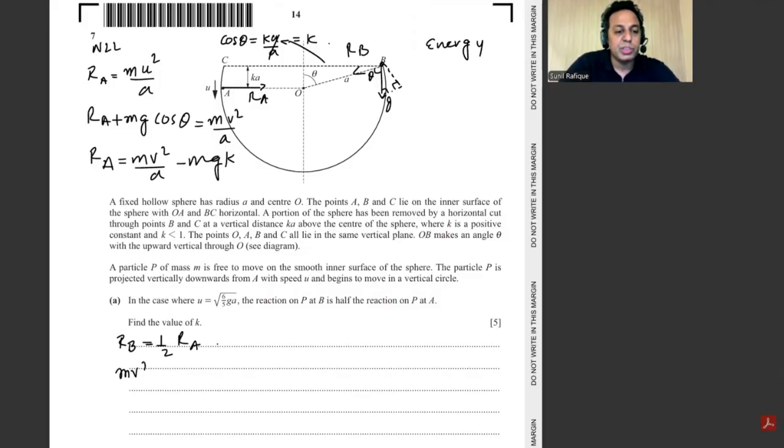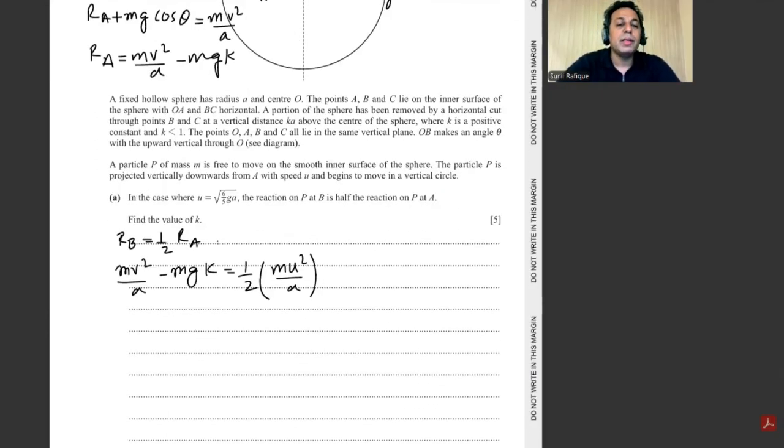This is going to be mv squared over a minus mgk, and that is going to be half of mu squared divided by a. And I've got the value of u. But before that, let's just simplify, divide throughout by m. v squared over a minus gk equals 1 over 2a, and I can put the u squared, which is 6 over 5ga.